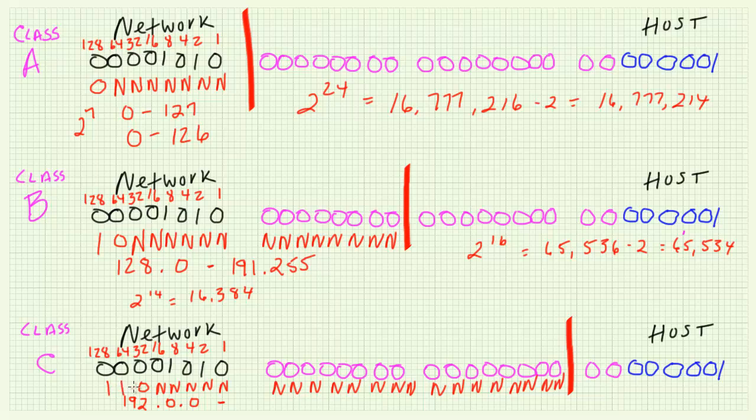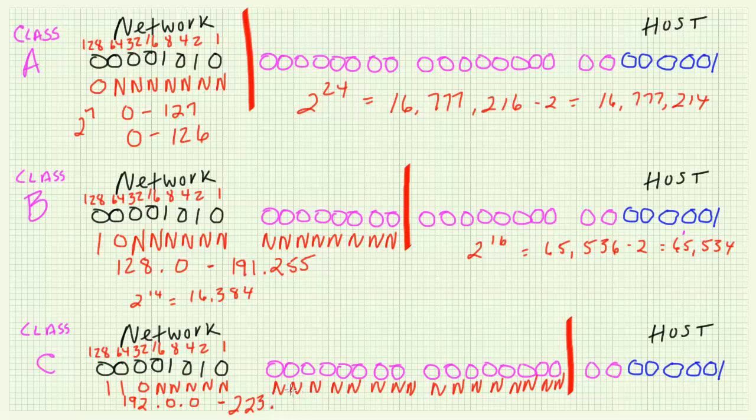So if we leave those as they are and set everything else to 1s, we're going to take 128 plus 64. We're going to skip 32 because the rule says it has to be 0. And then if we have all these others set to 1, that's going to be 128 plus 64 plus 16 plus 8 plus 4 plus 2 plus 1. If we do the arithmetic and add all of that up, that's going to be 223 in the first octet.